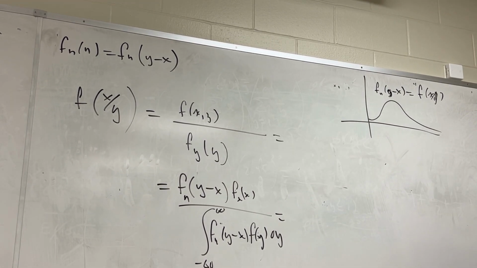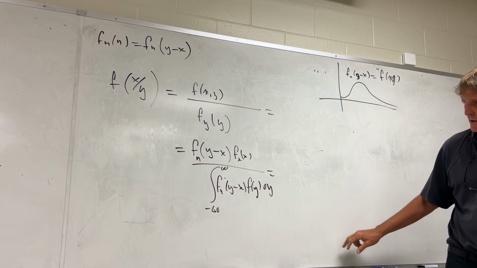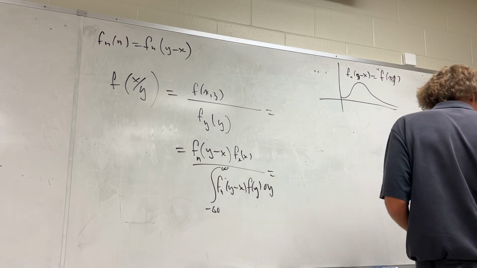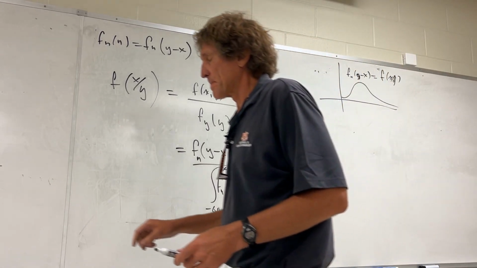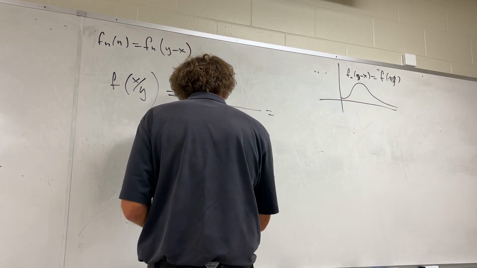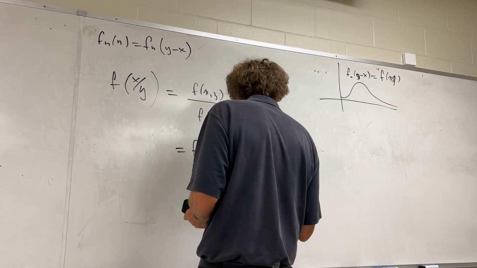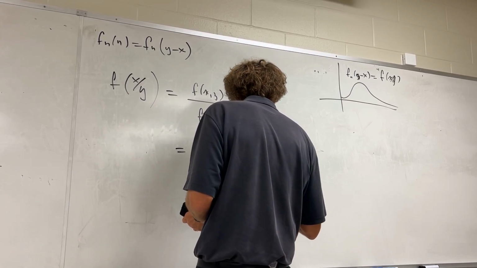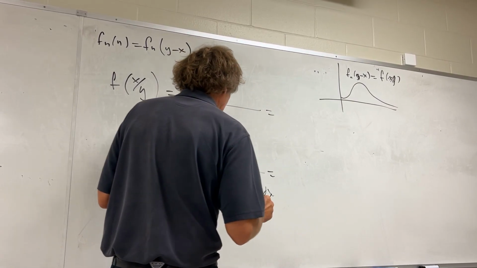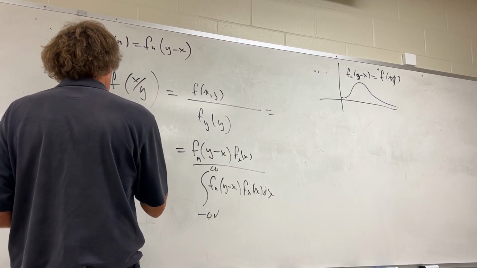Pardon me? You put x dx. Oh, for the integral? Yeah, let me get this. You're right. Wait, this should be the top portion itself. So it should be the integral of f of n of y minus x times f of x dx, I'm sorry, from minus infinity to infinity. And that will be the value of f of x given y.